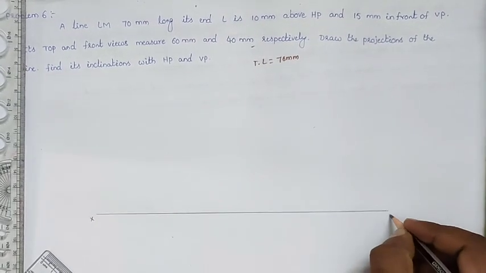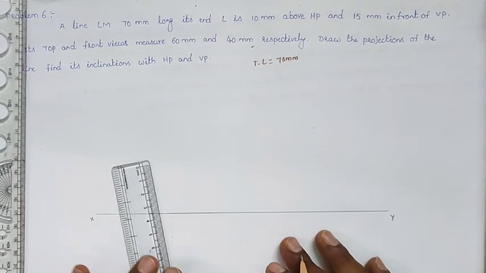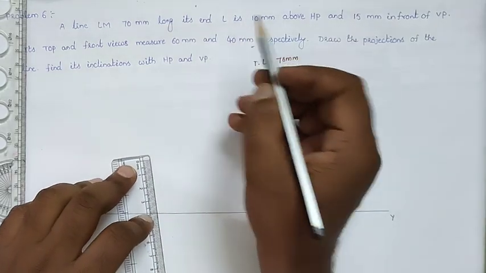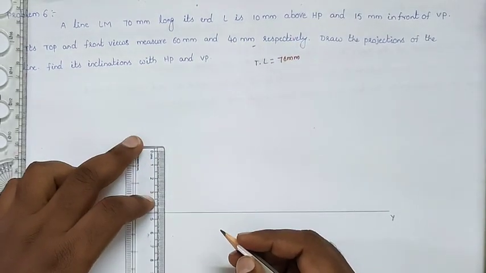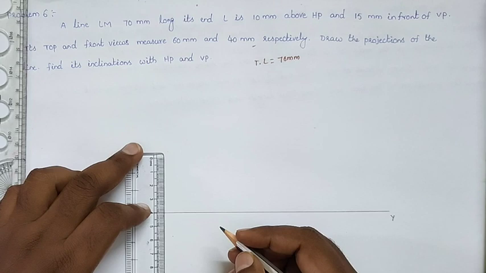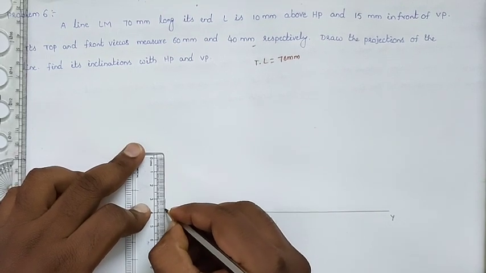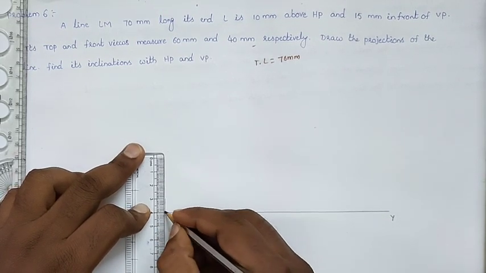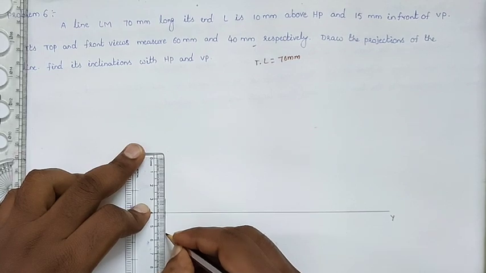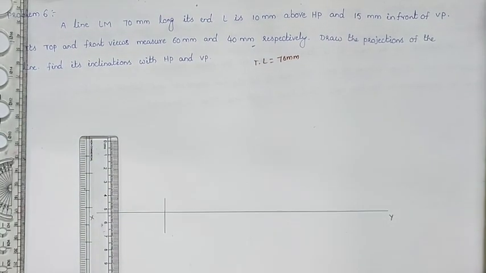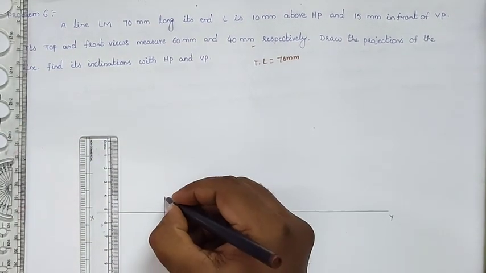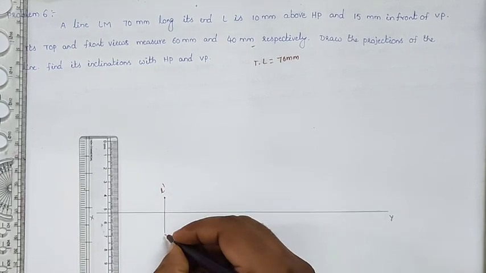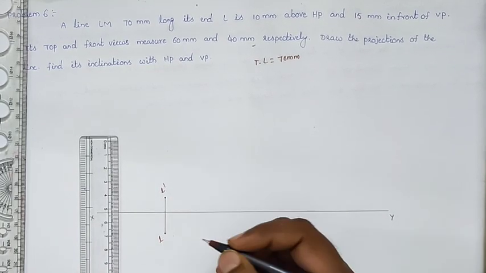After drawing the reference line XY, draw the projection of point L. So L is 10 mm above HP and 15 mm in front of the VP. In front you can take 15 mm dimension. So point L top view is L dash and L front view is small l.